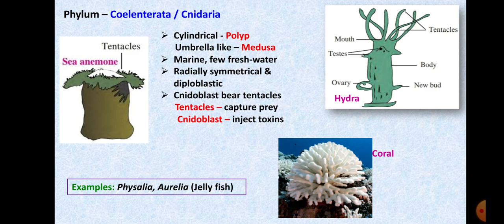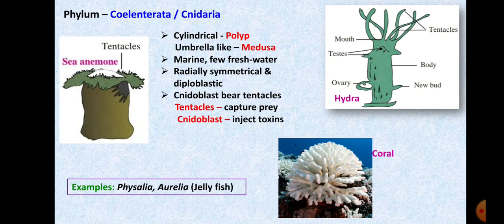The cnidoblasts would be present on the tentacles. Okay, you cannot see them on the diagram here, but there are small structures present on the tentacles. They are termed cnidoblasts. These cnidoblasts will inject toxin into the body of the prey. Now, toxin is a harmful substance.